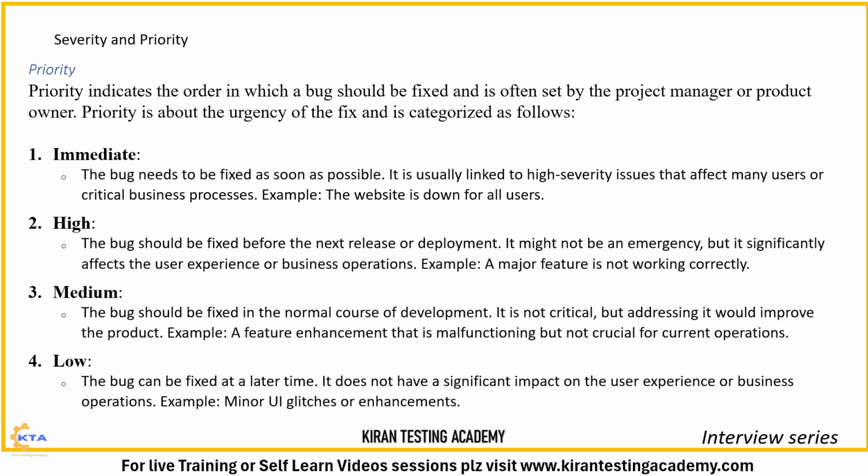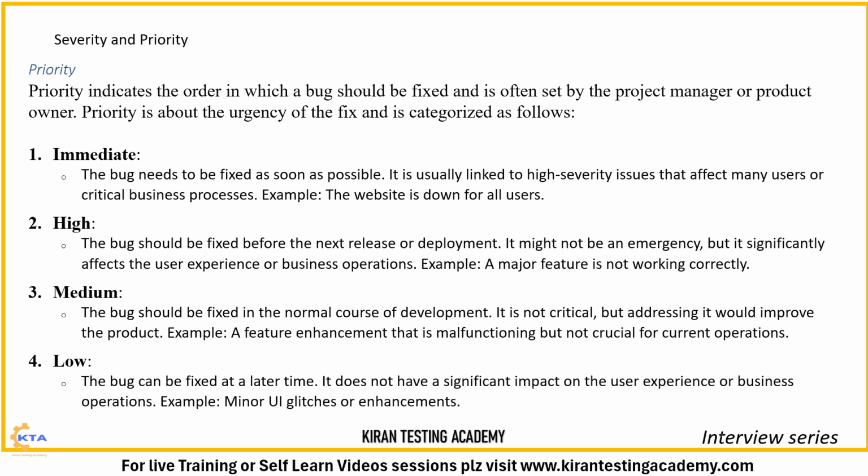Later in the process, depending on the business flow, your project manager, product owner, or even your test lead may change it. That's a different story. So priority represents how important that bug is and when it should get fixed, whether you want it immediately, after a few months, or in the next release.